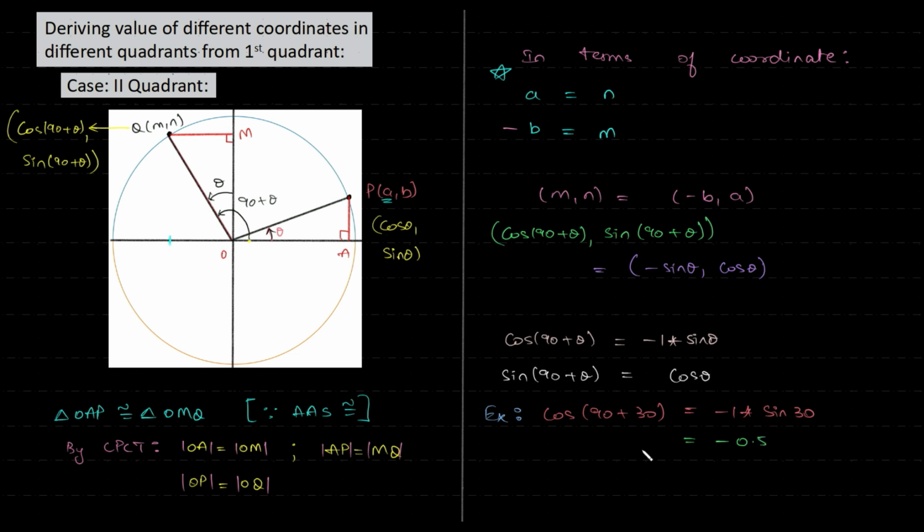Okay, agree? Now sine of 90 plus 30 is equal to cos of 30. It's a very straightforward relationship, which is root 3 by 2. Right? So cos 120 is minus 0.5. That makes sense. And sine 120 is root 3 by 2.